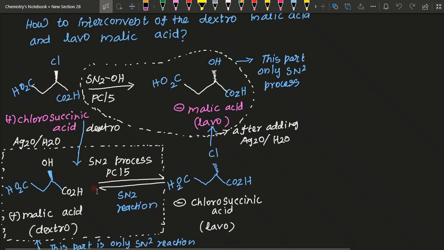Again, this plus malic acid, when treated with PCl5, converts again to minus chlorosuccinic acid, the levo form. This minus chlorosuccinic acid, when treated again with Ag2O with water, gives minus malic acid, levo form.